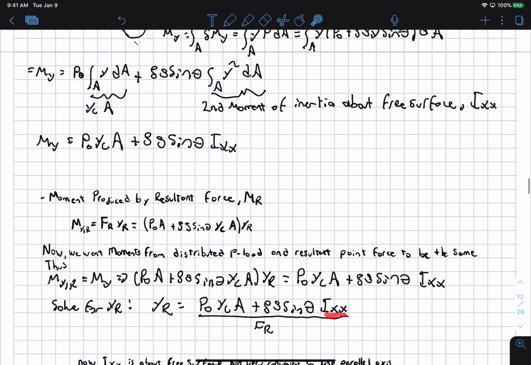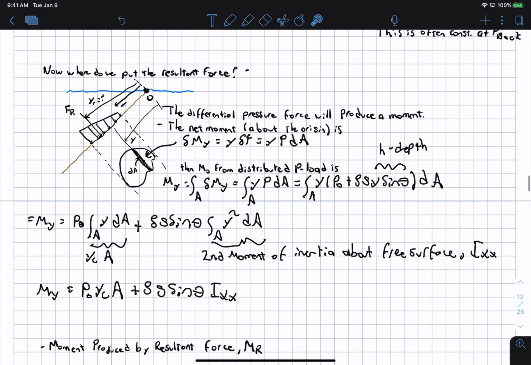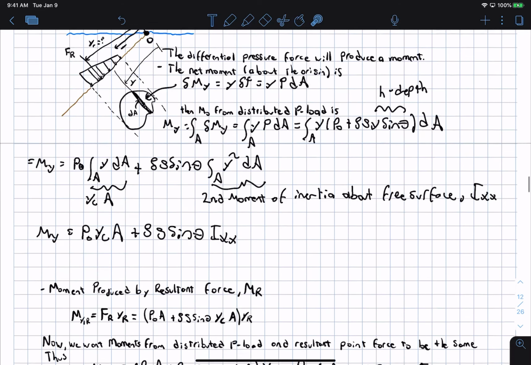Okay, so I'm going to go up to the picture again. So the moment of inertia, IXX, is the moment of inertia about the free surface, which is kind of inconvenient.